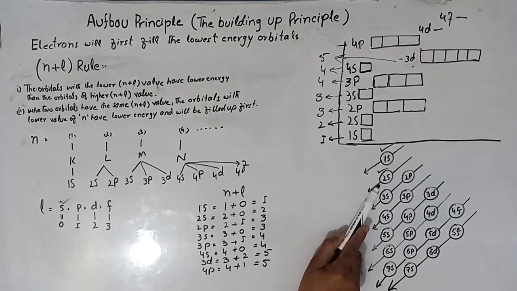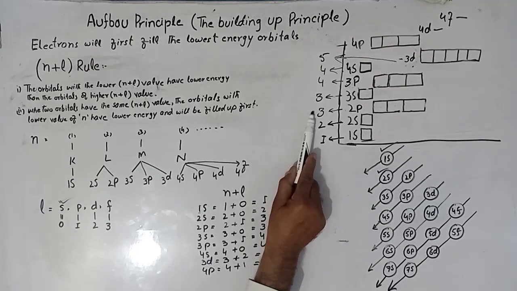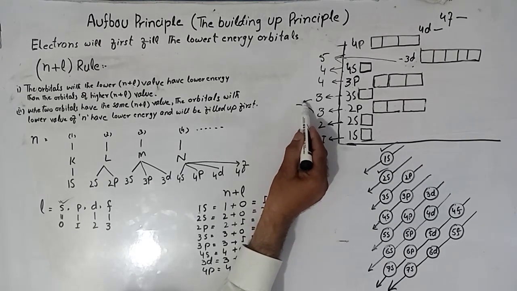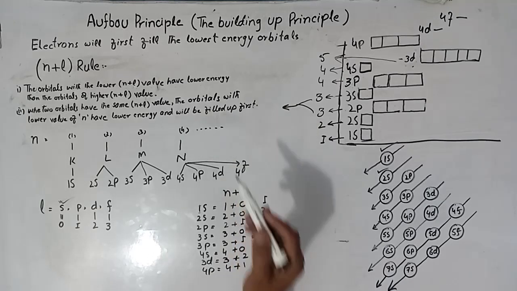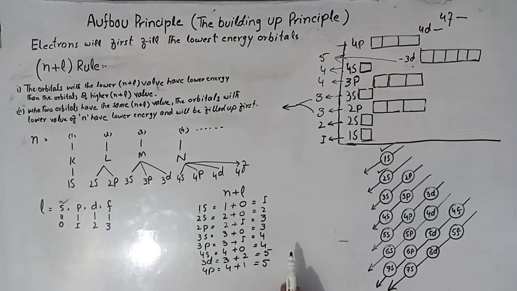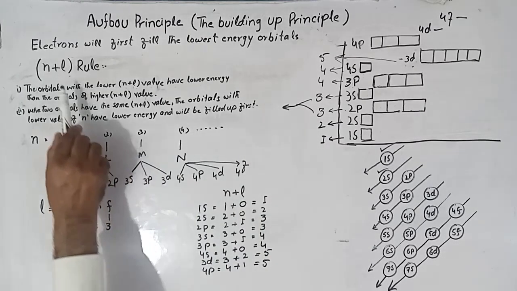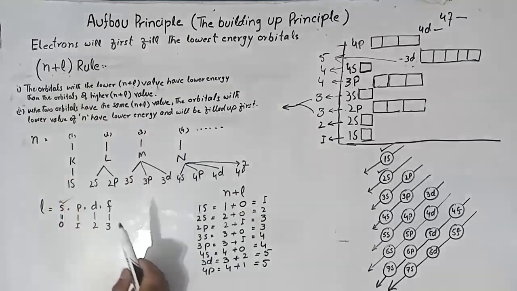Now this is clear. But here we have two equal values. This satisfies the second condition, or you may say the second part of the n plus l rule.